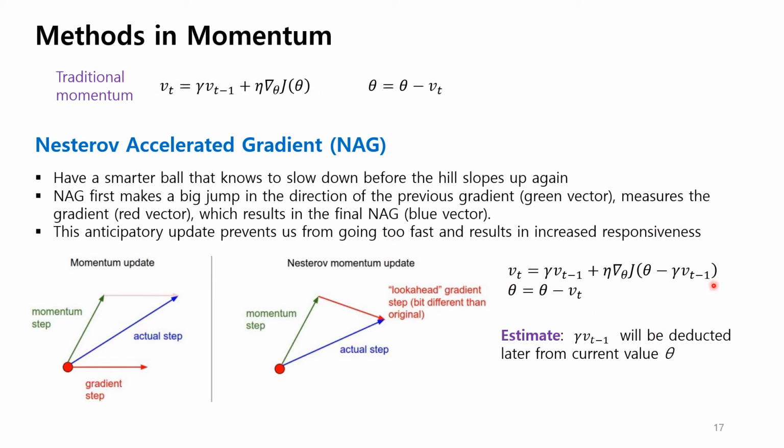The only difference is that instead of calculating the gradient at theta, you calculate the gradient at theta minus gamma v_{t-1}. This is the estimate of the new point. You follow the momentum first, and this is the point where you end up. So that is NAG, and it is known that NAG is generally better than the traditional momentum method.